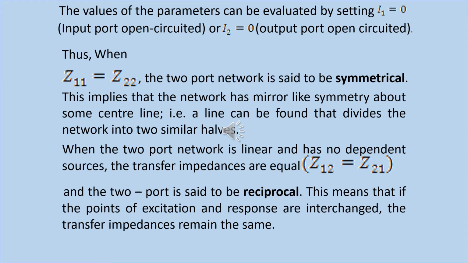And when our Z11 equals Z22, the two-port network will be symmetrical. That is, what we have at the output loop is very similar to what we have at the input side. Also, when our Z12 equals Z21, then the two-port network is linear and has no dependent source, and the two-port network will be reciprocal.